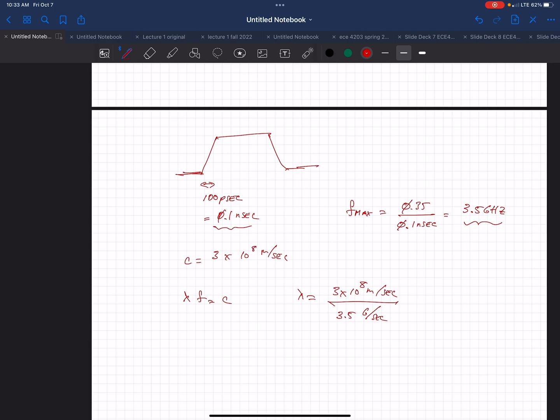So that is 3e8 divided by 3.5e9, which is 0.0857 meters.